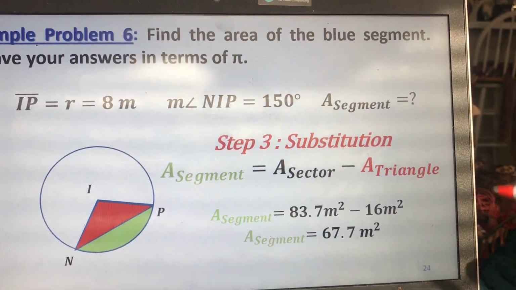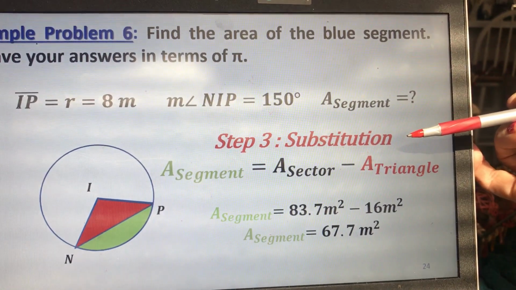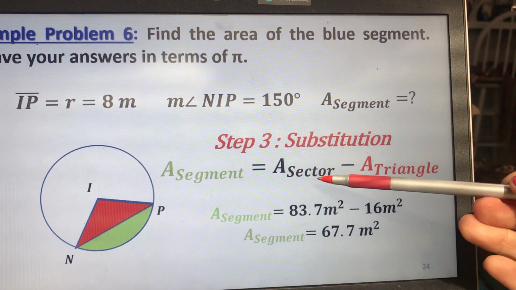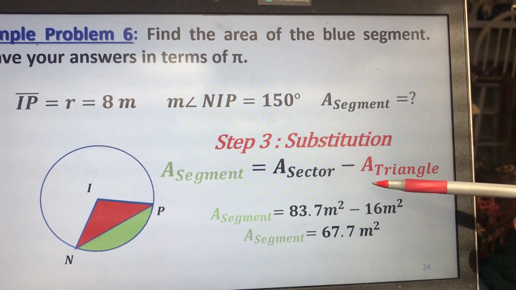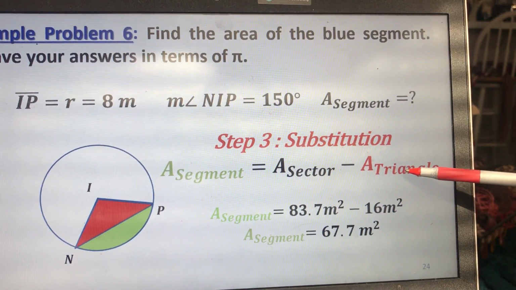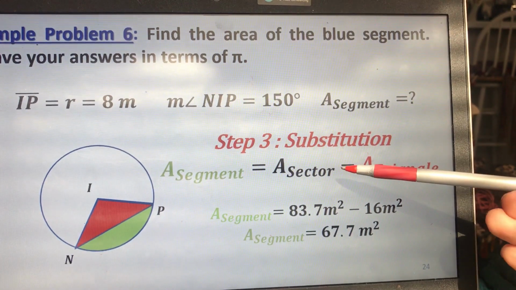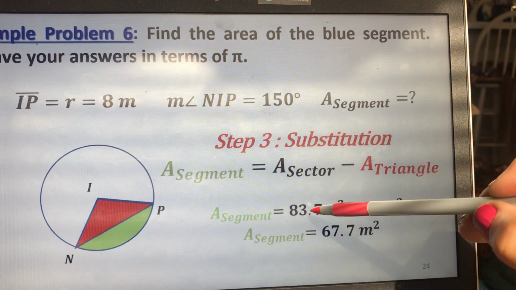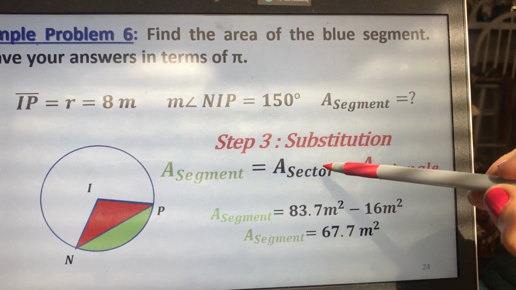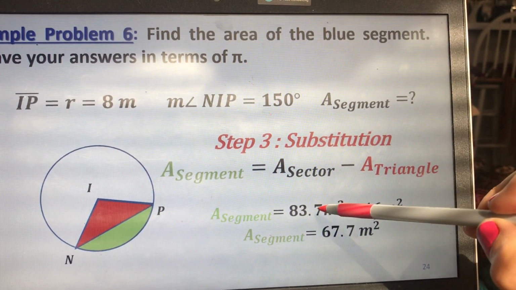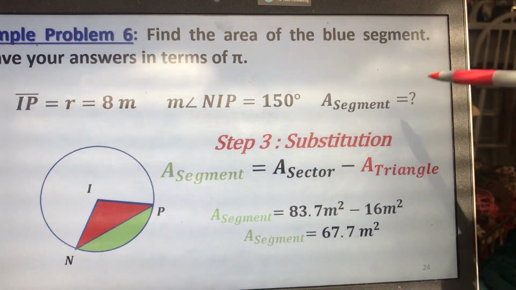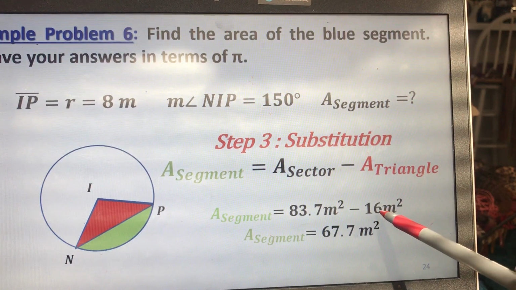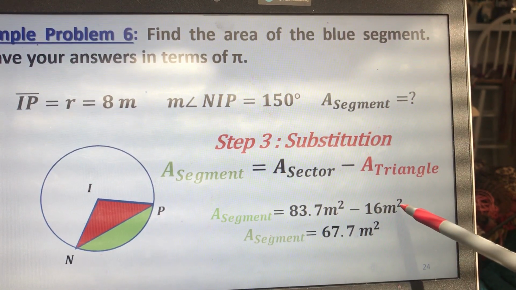Now finally, step 3 would be substitution. By definition, the area of the segment is going to be equal to the area of the sector minus the area of the triangle. So substituting the two values we've already obtained, the area of the segment is going to be equal to the area of the sector, which is 83.7 square meters, minus the area of the triangle, which we just calculated, which is 16 square meters.